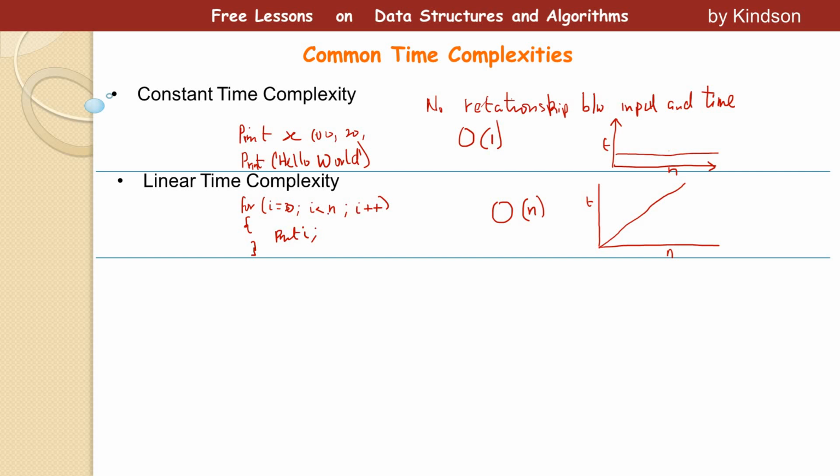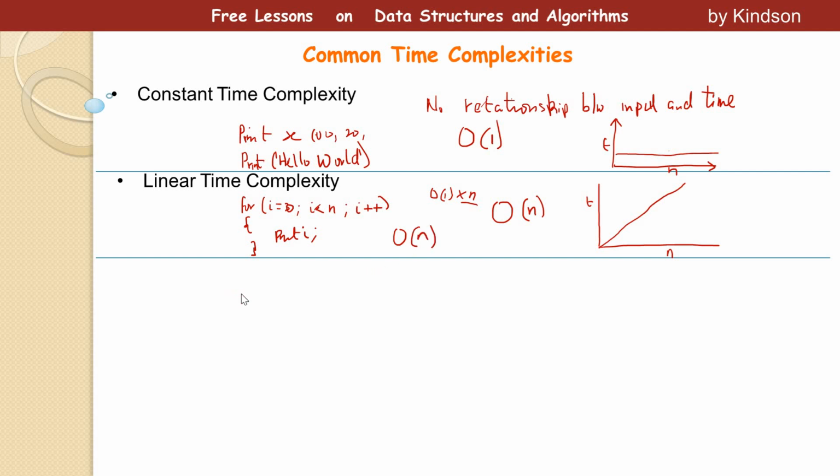As much as we have i. So n times it is going to execute. The first time it executes, the second time, until n. Remember, print something executes in O of 1, but in this case it will execute n times, right? So in this case we have order of n.